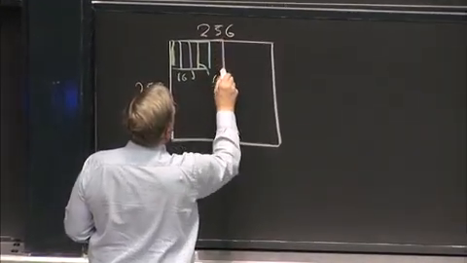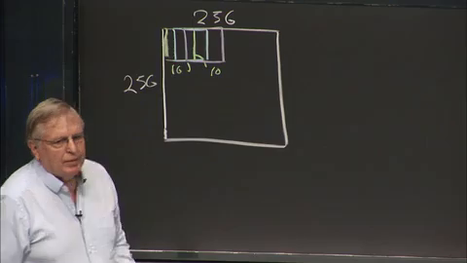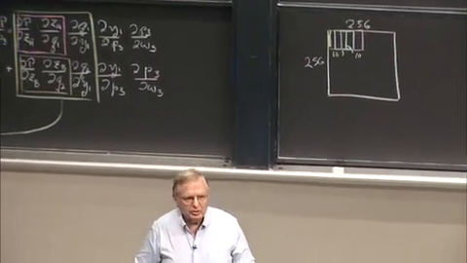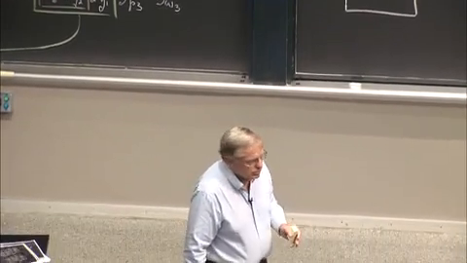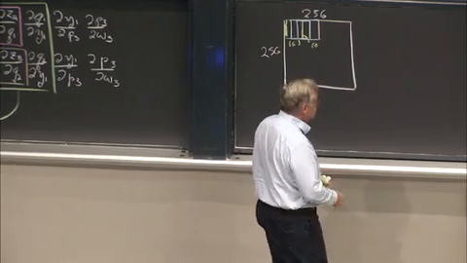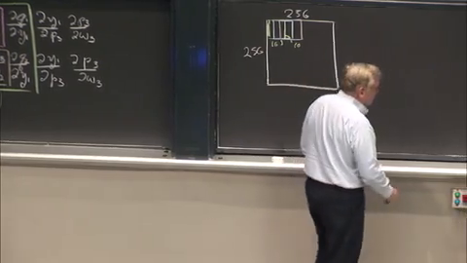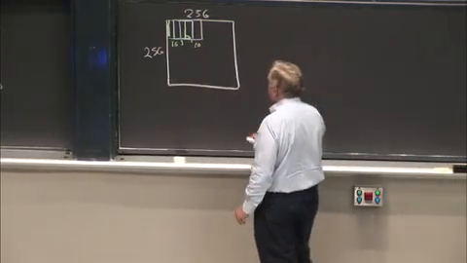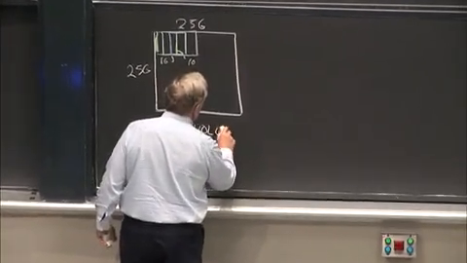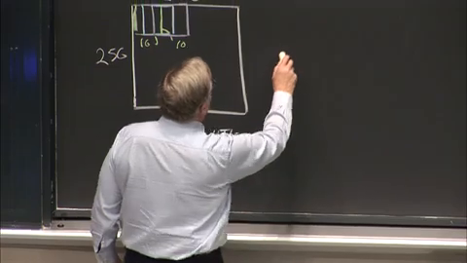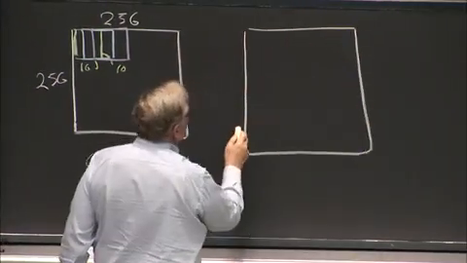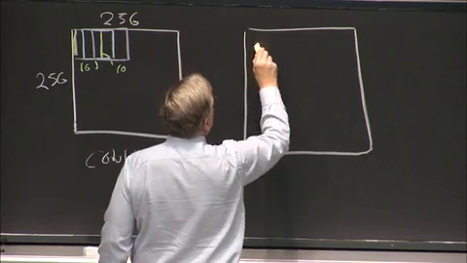So we get that output right there. So each of those deployments of a neuron produces an output. And that output is associated with a particular place in the image. This is a process that is called convolution, as a term of art.